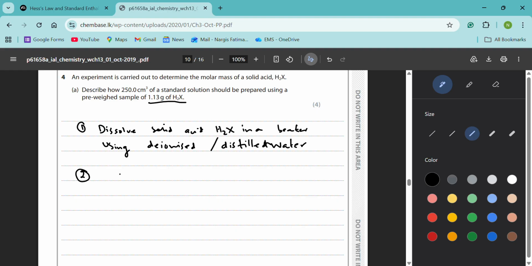Now, after making a solution, you will transfer the solution into the volumetric flask.